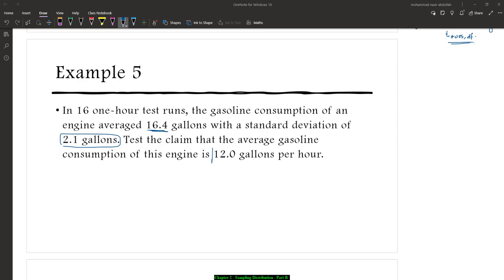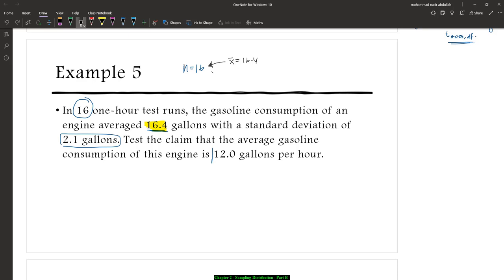So now we have n equal to 16, because it says 16 1-hour test runs, and the average is 16.4. So this is the average from 16 tests, x bar equal to 16.4. The standard deviation is 2.1 gallons.